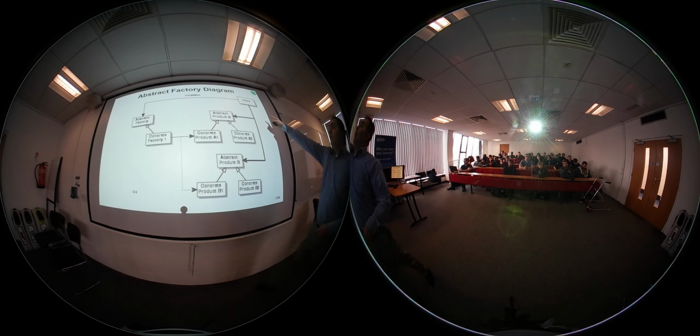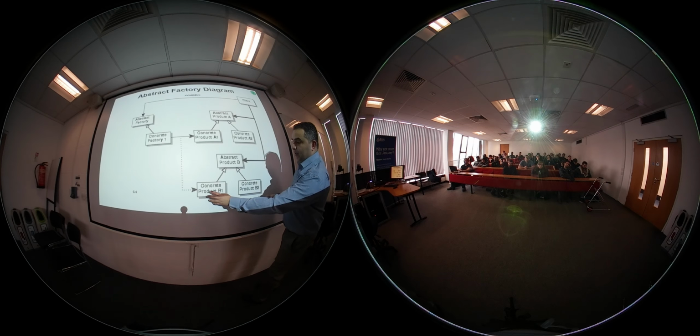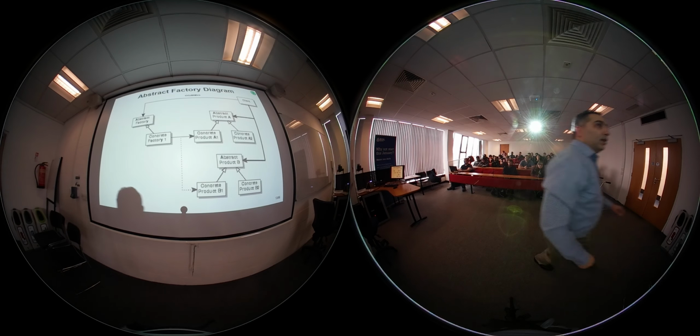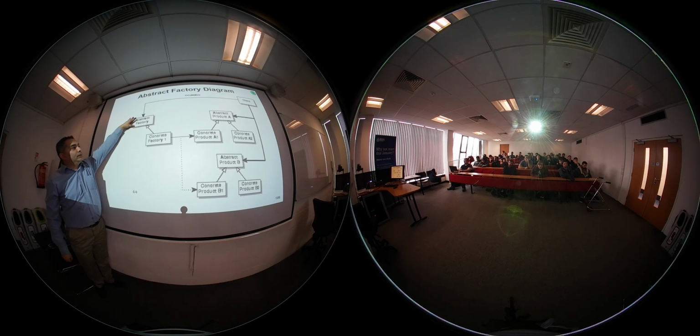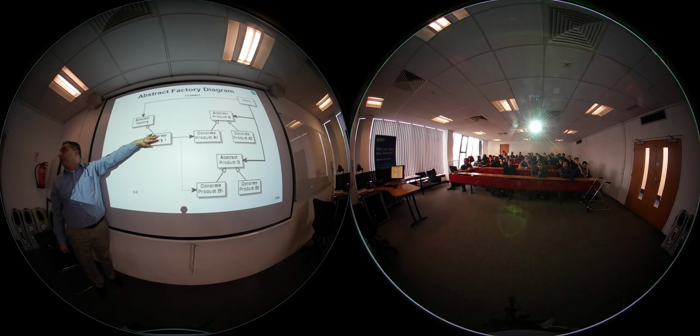A bigger example, going through the Java structure, is this. You've got a client, he wants to interact with product A, product B. You've got at the top a root factory, and you've got a subset factory.